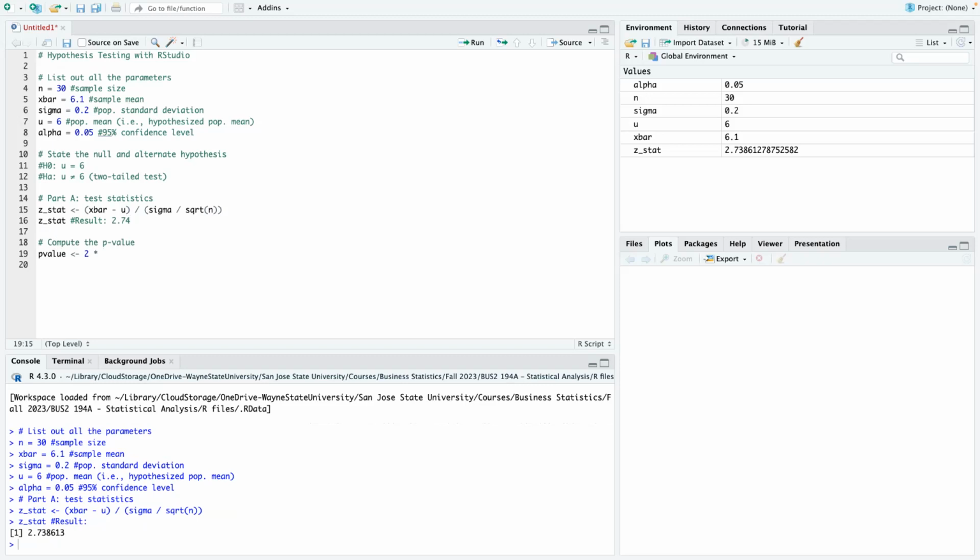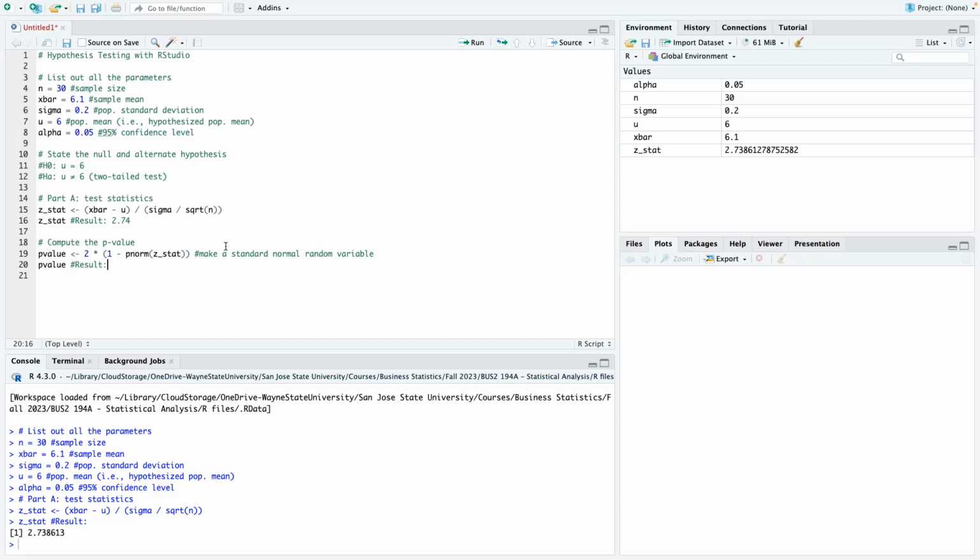Because this is two-tailed, we'll use the two-tailed p-value equation. So basically 1 minus the probability of the Z stat, and then you multiply that by 2 because we're looking at two-tailed, right? Then we'll spit out the result for the p-value.